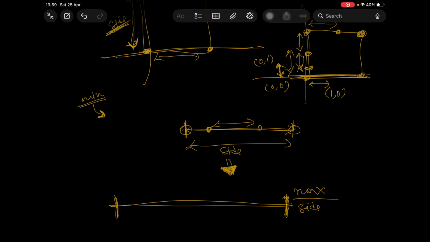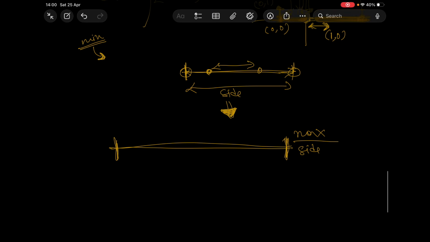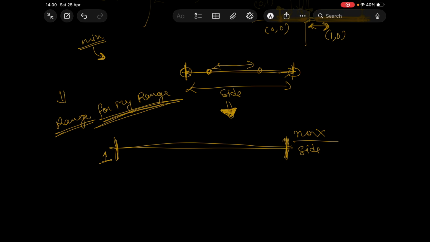It is an integer point, so the minimum distance would be 1. It cannot be less than 1. Okay, so it will go from 1 till side. So this is my range, I mean, where my answer can lie.